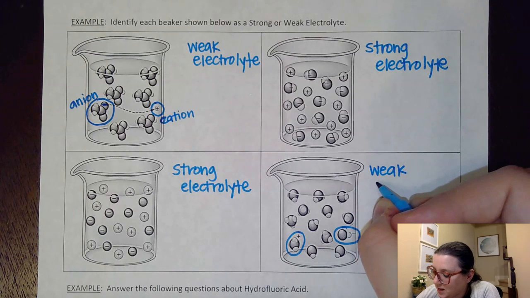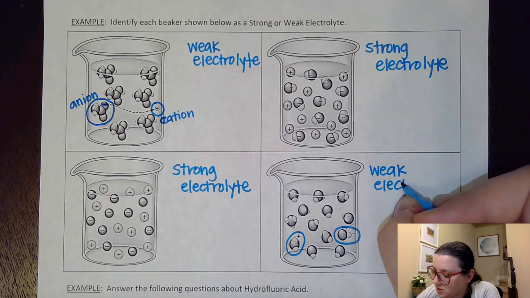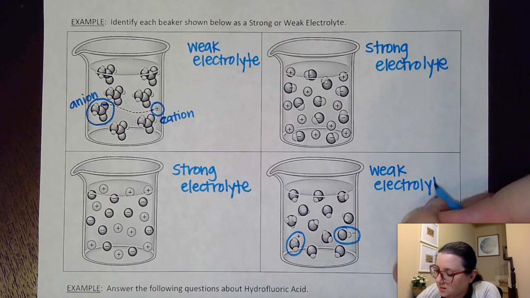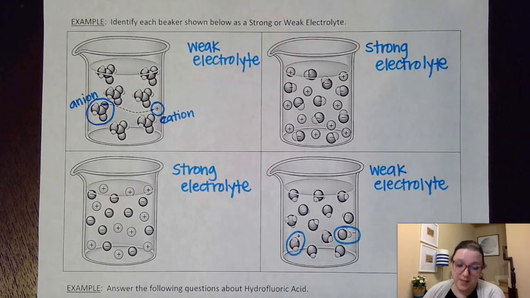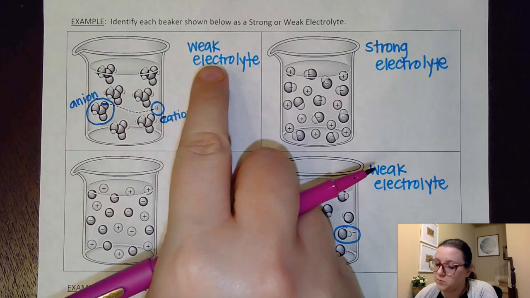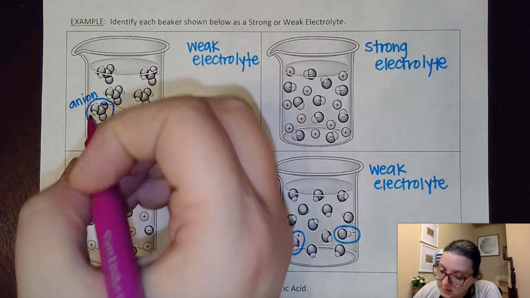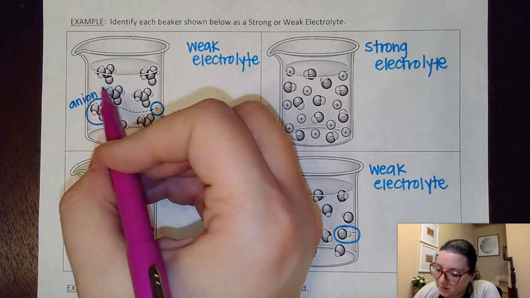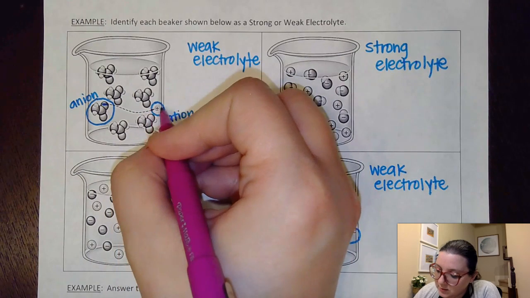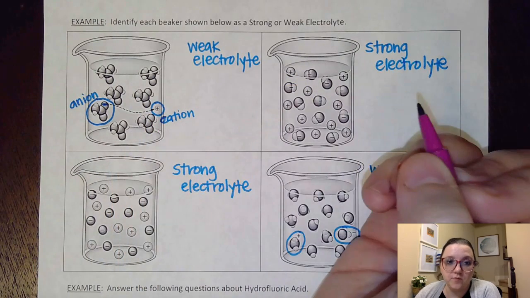Now, I'll be honest, I took some information off of these pictures that they originally had on them. Originally, each of these pictures labeled it as a strong acid, a strong base, a weak acid, or a weak base. So I want to talk through the types you're seeing here. On this first picture with this weak electrolyte, I notice I have this big molecule and that I'm releasing this positive from it.